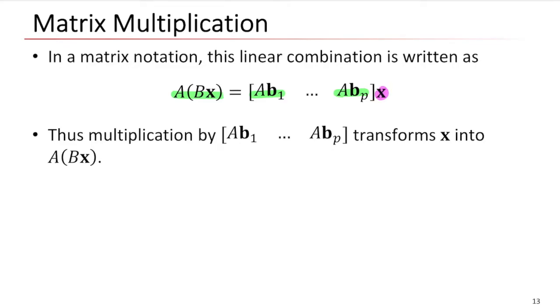So finally, the multiplication by this one transforms this vector x into A times B times x, like that. So this is the way to compute the matrix multiplication.